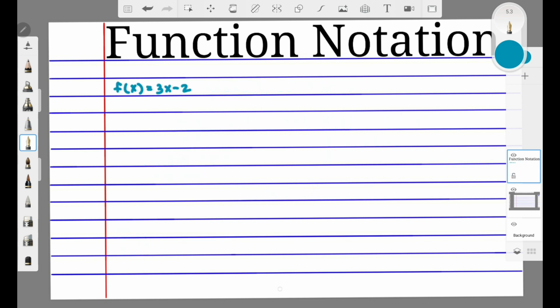In the same way, when we were given an equation like y is equal to 3x minus 2, we could represent it in many different ways. We could have a situation, a table, mapping, or a graph, or just a list of ordered pairs. We can do the same thing for function notation.